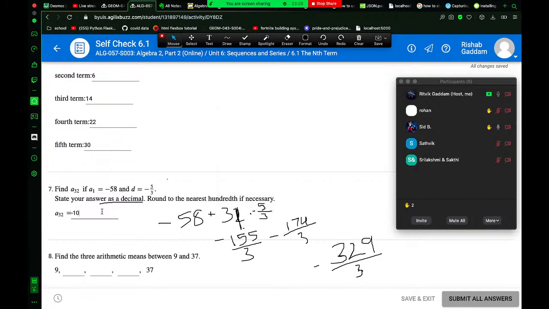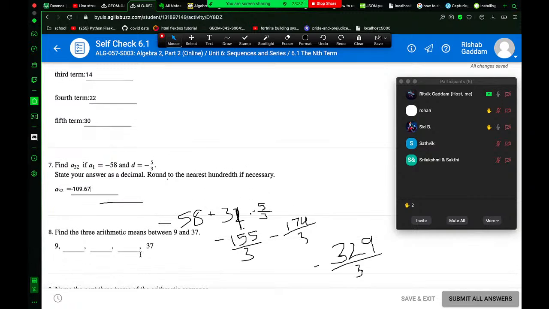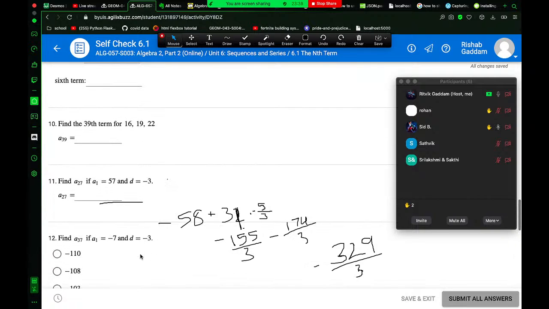It'd be negative 109 point... Oh, so it'd be forever 6s. Yeah, but it said round to the nearest hundredth, so that would be just 0.67. Okay.